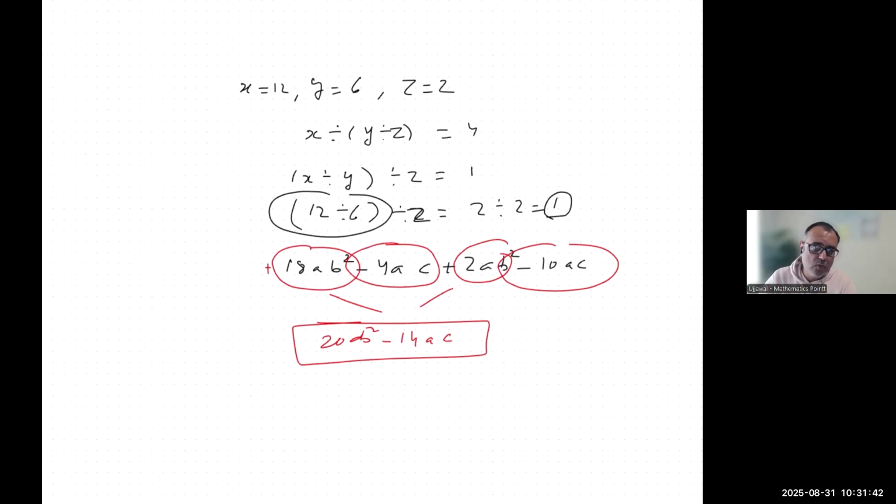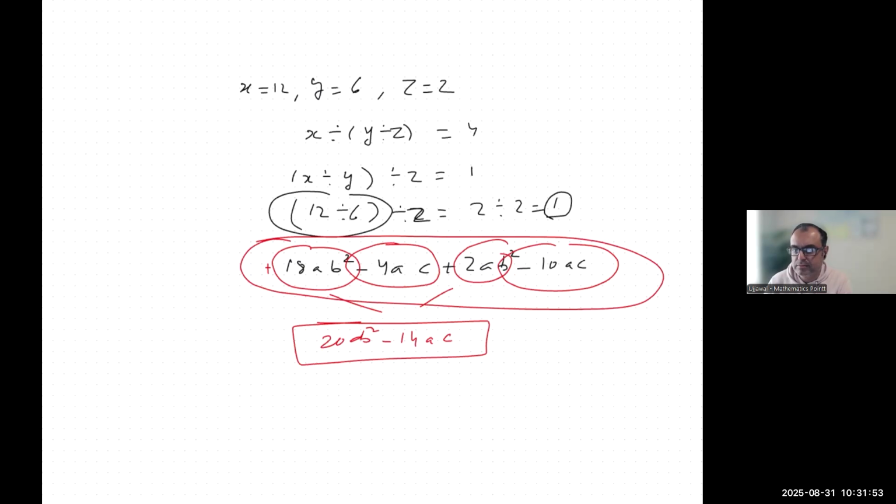May I know what kind of expression is this? What polynomial is this? Type it down. Yes, it is a binomial. I'm not asking for nonlinear.